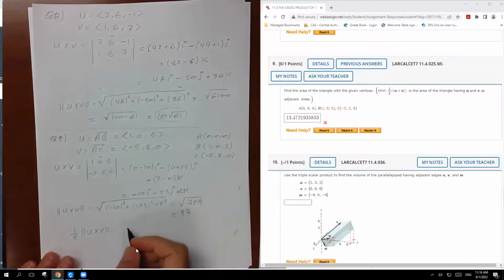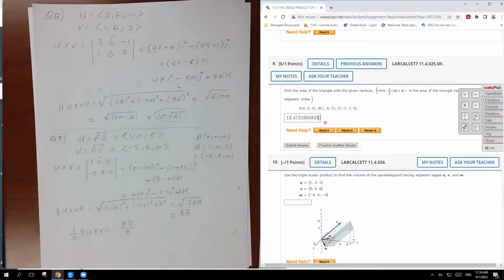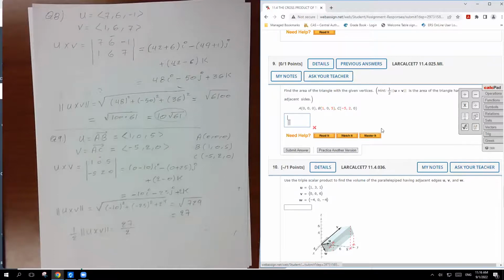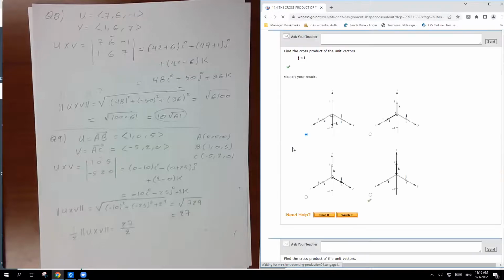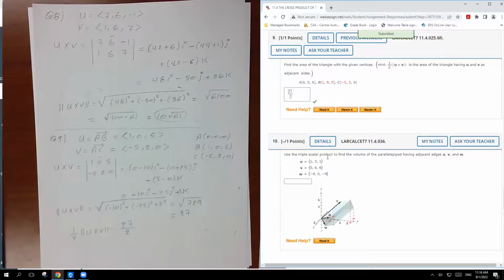That means the area is going to be 27 divided by 2, which is the same thing. So 27 divided by 2. Let's try that. Yes.